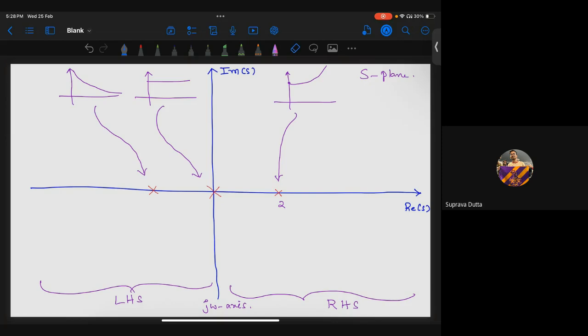Okay. Now I'll take one pole here, another pole here. Can you tell me now? Only these two, this pole exactly at the same distance, just a reflection. Can you tell me how this response looks like?